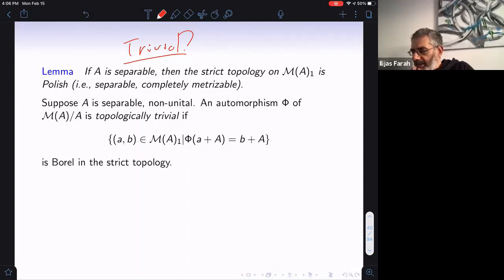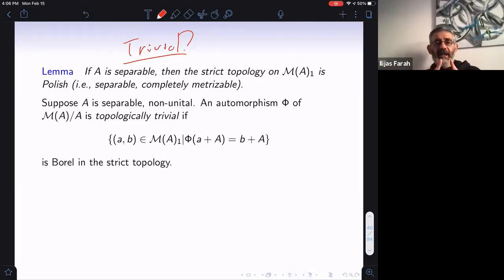So here's one lemma that gives us some idea of how to proceed. Let me just say why I am doing this. We saw a moment ago that you cannot hope to lift an automorphism to an algebraically trivial morphism. So instead of looking for algebraically trivial morphisms, we'll look at topologically trivial morphisms.